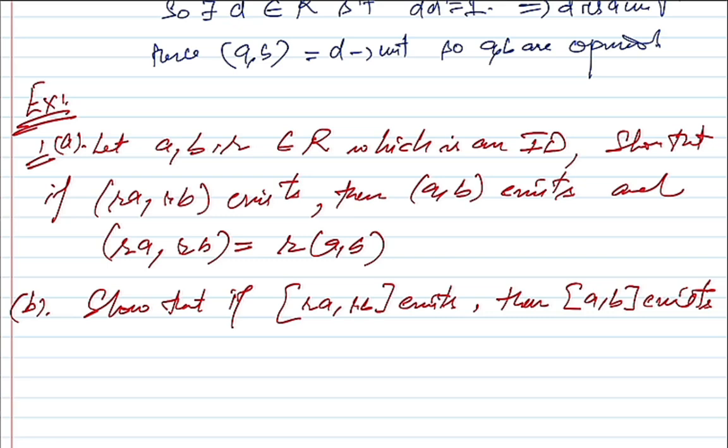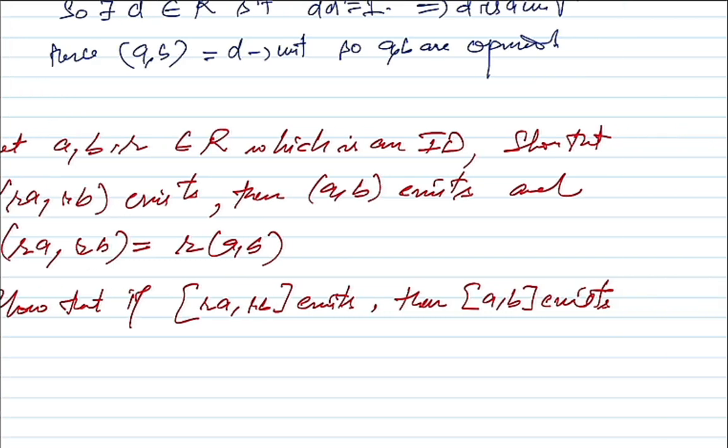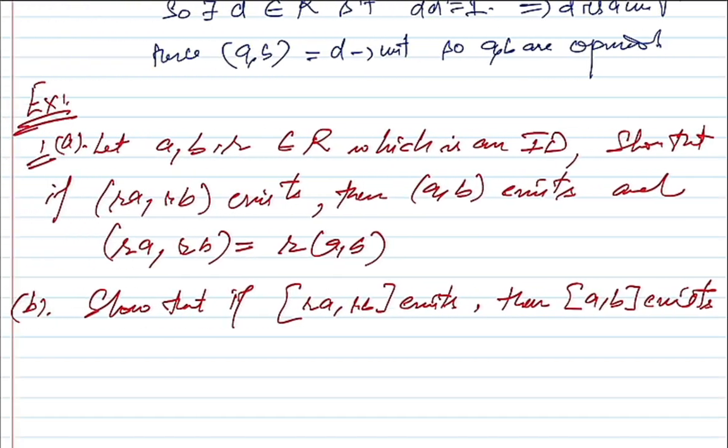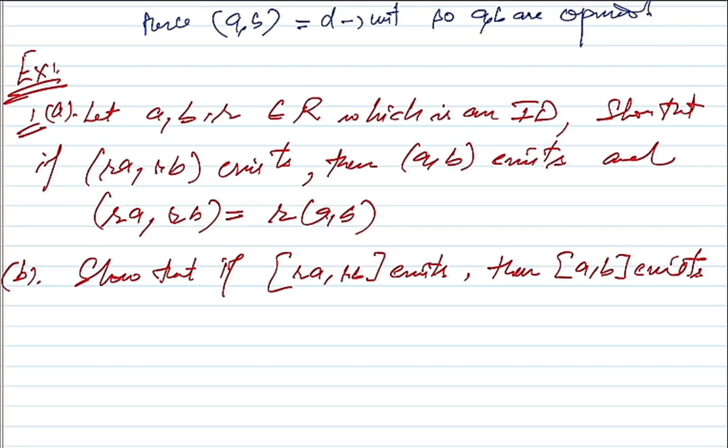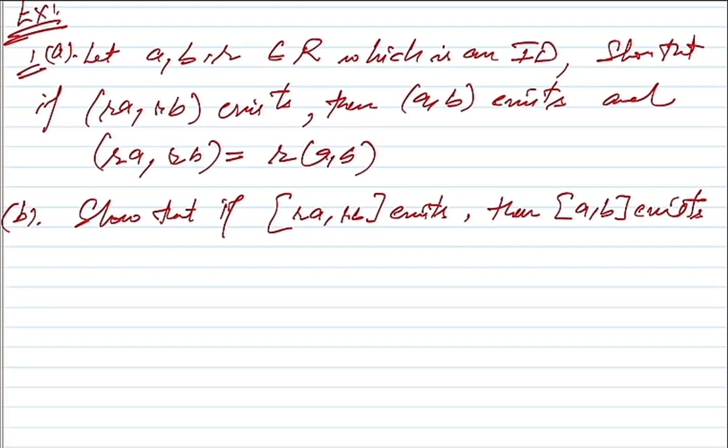You can take R to be equal to 1. It is for some R. And the LCM of RA, RB will be R times the LCM of A, B.